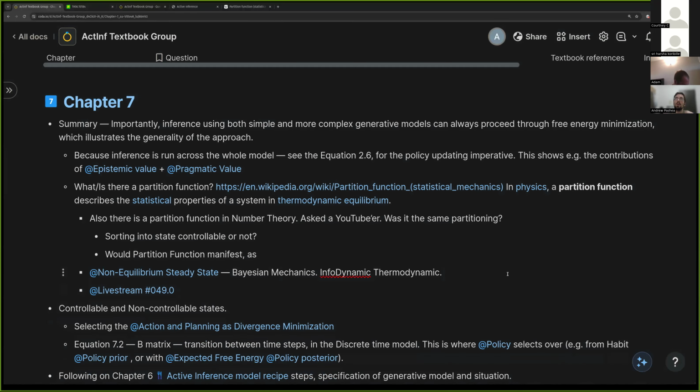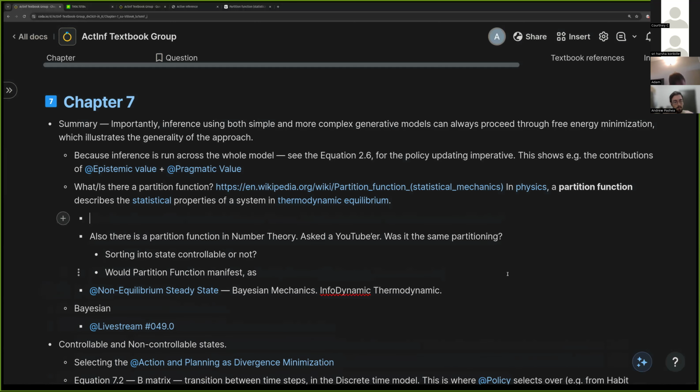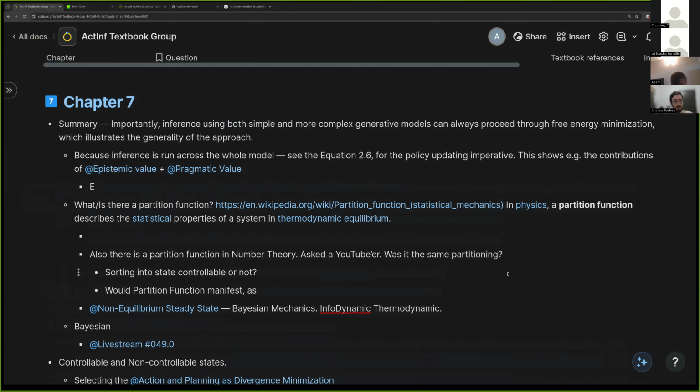It's expected free energy where you're going to see, as I mentioned earlier, that epistemic and pragmatic value differentiation, and that plays out in learning as well. Free energy is being minimized during the process of learning, whereas inference in the context of active inference is inferring states of the world.